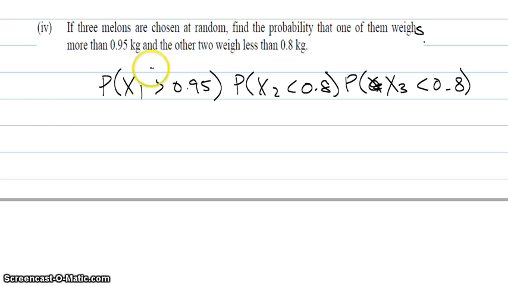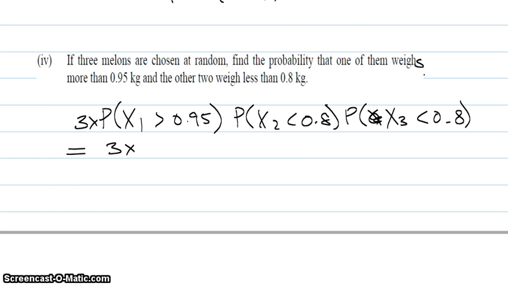But remember, there's nothing special about the first melon. It could have been the first, second, or third that weighed more than 0.95. So I multiply by 3 to take into account those three permutations.